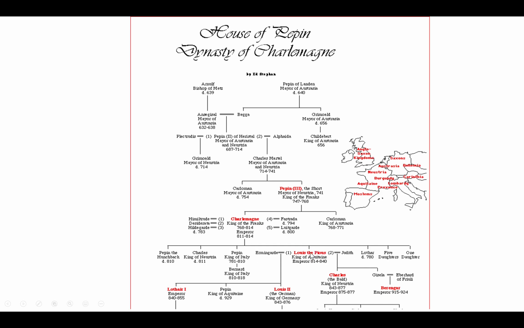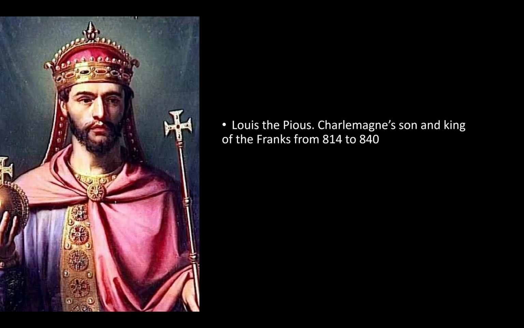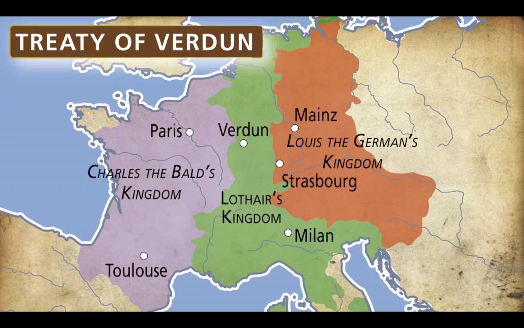They were sons of Louis the Pious, okay? And Louis the Pious was the son of Charlemagne. That means that Charles the Bald, Louis the German, and Lothair the First were Charlemagne's grandsons. So here we have the grandsons of Charlemagne, that they didn't get along very well, and they fought each other.